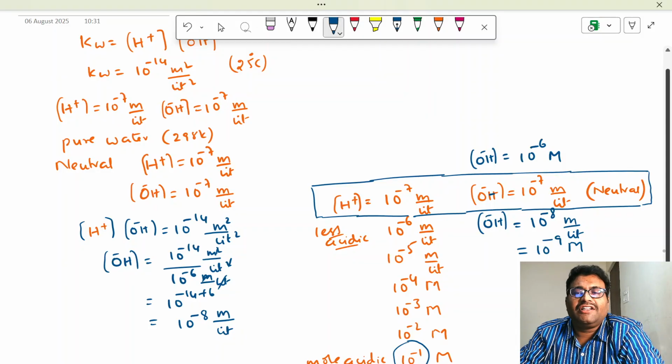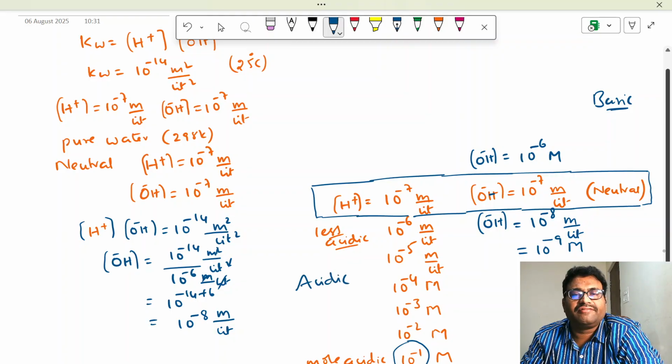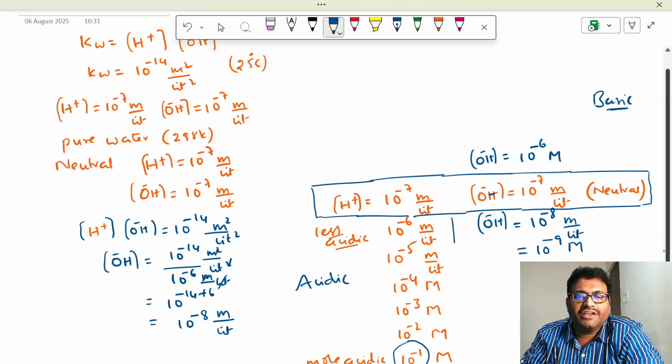What is this, sir? This is all basic. Below what we have seen, this is all acidic. When you go on increasing H plus ion concentration, acidic strength goes on increasing.